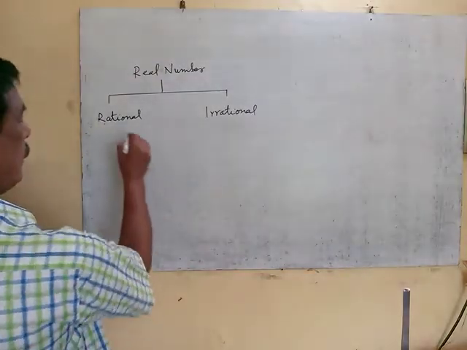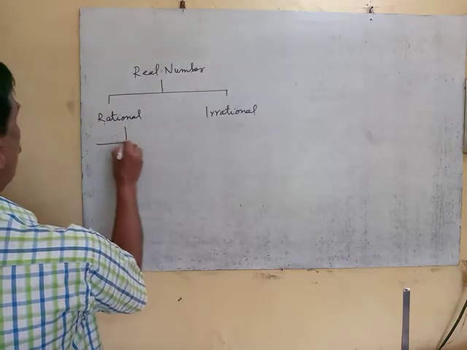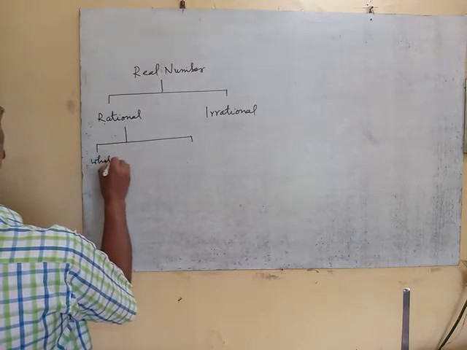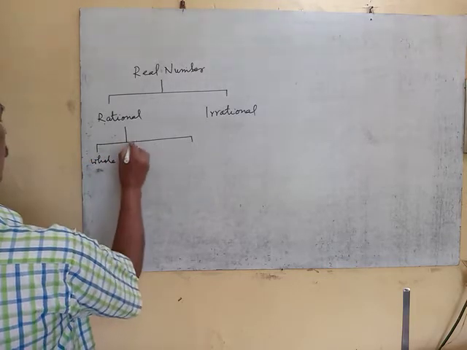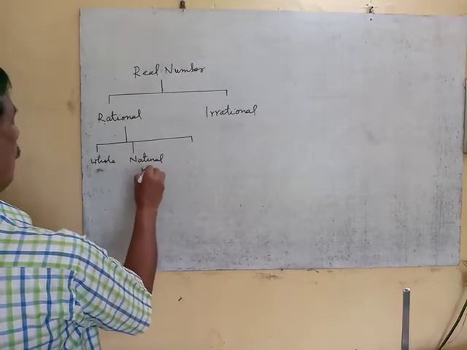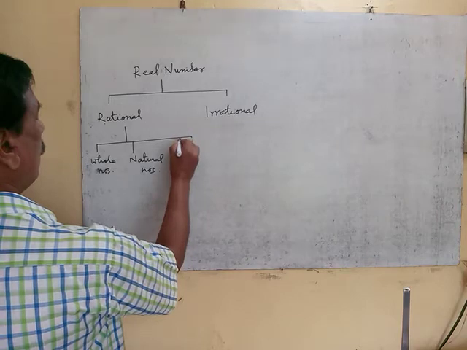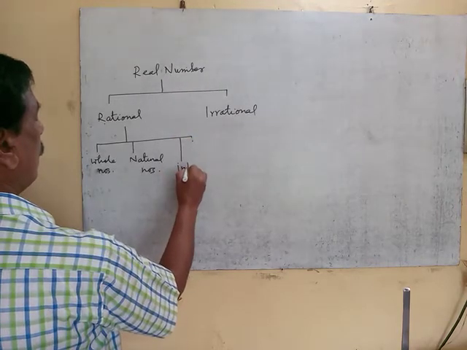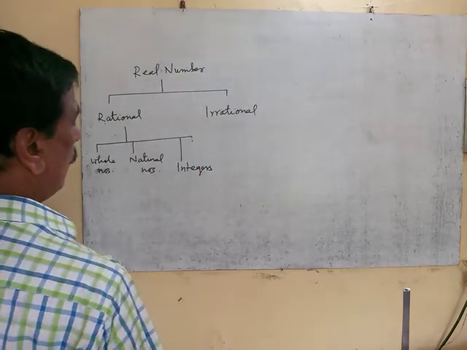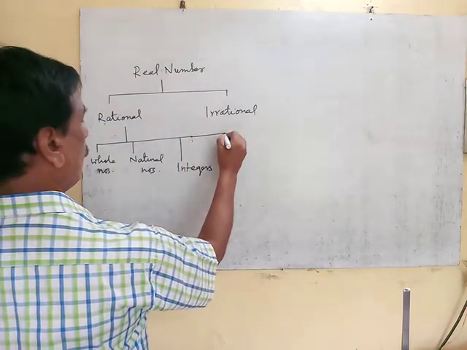Now again, these rationals are whole numbers, natural numbers, integers, and fractions.